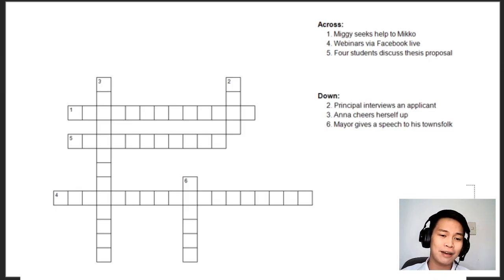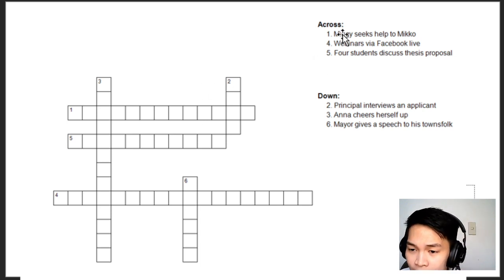So now let's have this activity. This is similar but not the same as in your module. Okay, so crossword puzzle, complete the puzzle below. Complete the puzzle here by identifying the 4 types of speech context and 2 types of interpersonal communication evident in the presented situation.